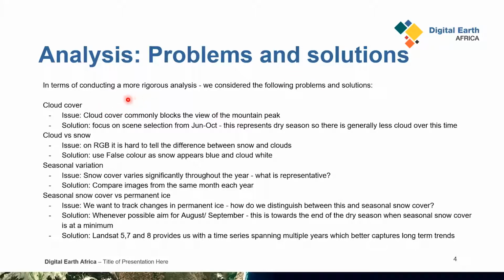So we experienced a couple of challenges while developing our story maps. The first issue was cloud cover, because it always blocks the mountain peaks. So we decided to find out the seasons in Tanzania, and we realized that the dry season is from June to October.